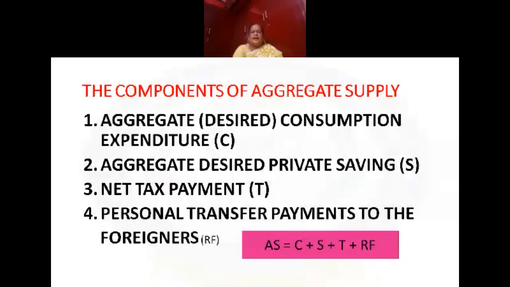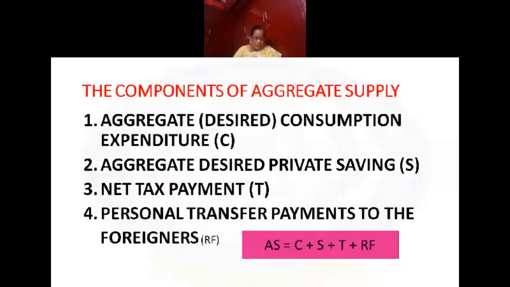There are four components in the supply function: aggregate consumption expenditure, C; aggregate private saving, S; net tax payment, T; and personal transfer payment to the foreigners, F. Transfer of payments to the foreigners means, for example, a donation to international relief efforts.